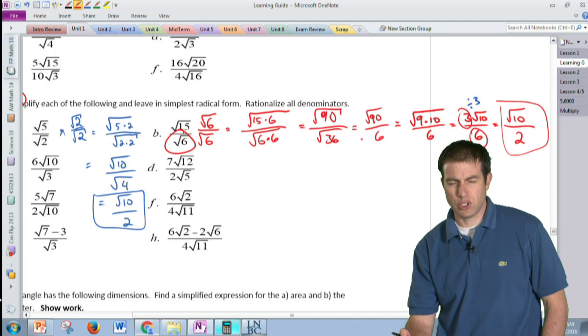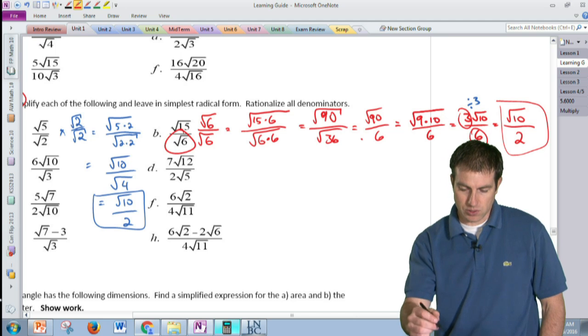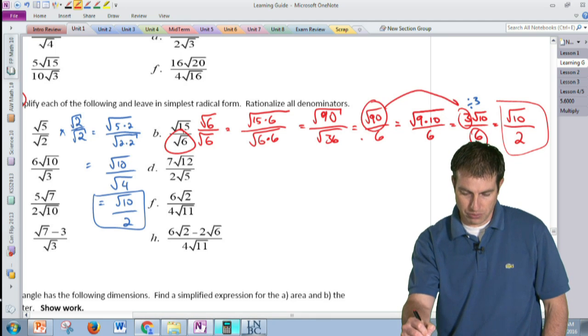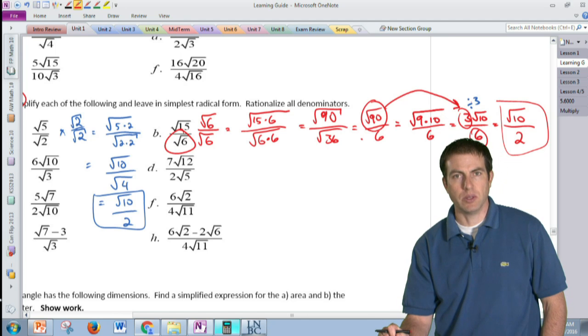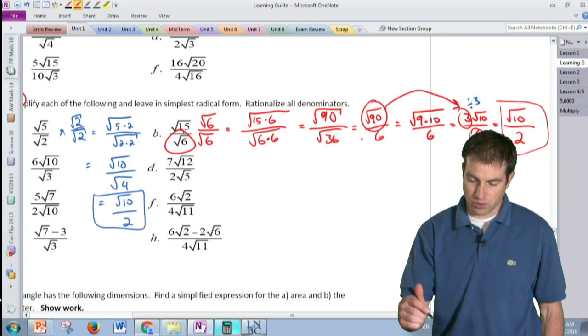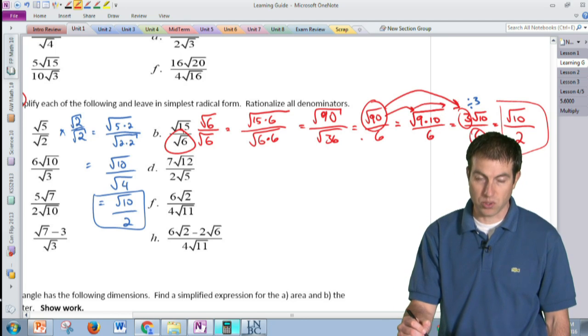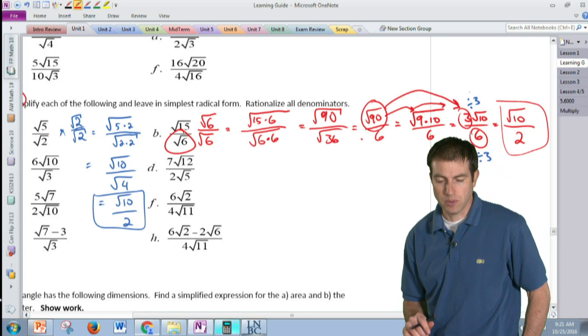Now, I've shown a lot of steps that you might skip, but I'm just trying to make it as clear as I can. So as long as I can follow your steps, for instance, if you were to go from root 90 right to 3 root 10, I would be okay with that. I can follow that. So if it makes more sense for you to break it down into root 9 times root 10 and then do the next step, you want to do it in 2, that's fine. Whatever works best for you.